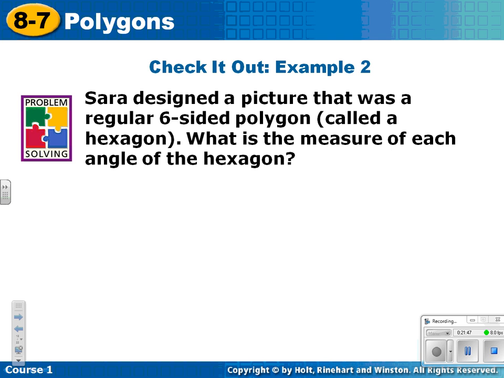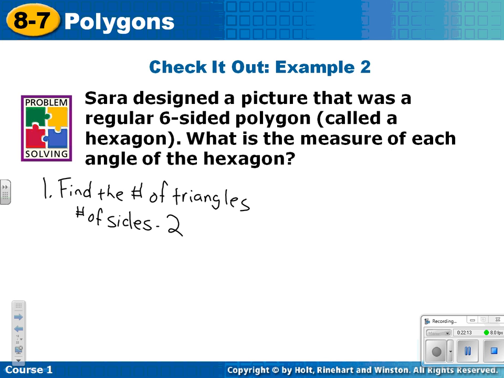So, step number 1. Find the number of triangles. And the way we find the number of triangles is the number of sides minus 2.